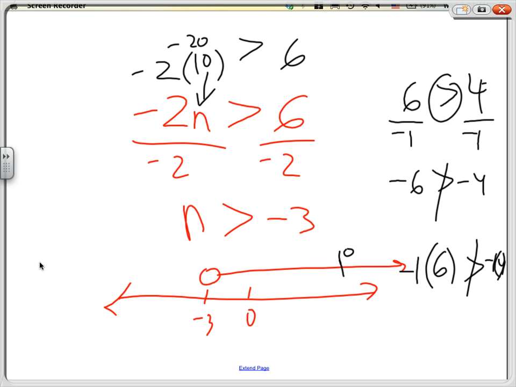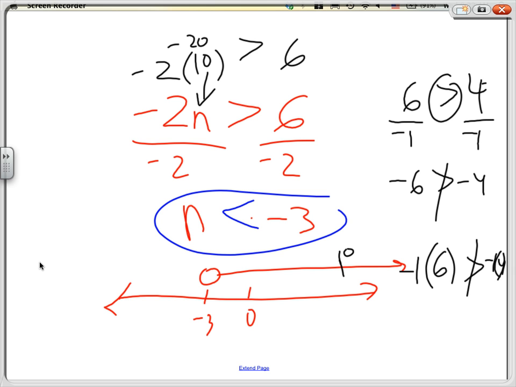So the smaller number is now the bigger number. So to make this work, every time you get to the ending step, where a variable is isolated and you happen to divide or multiply by a negative value, you need to flip the sign. And that's the reason why. It's just something that you have to do to make it true again.